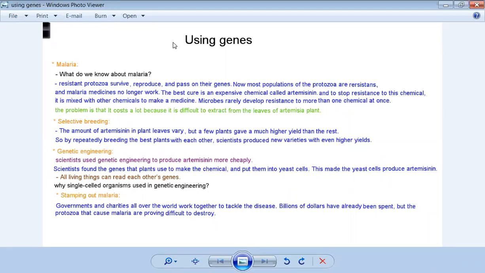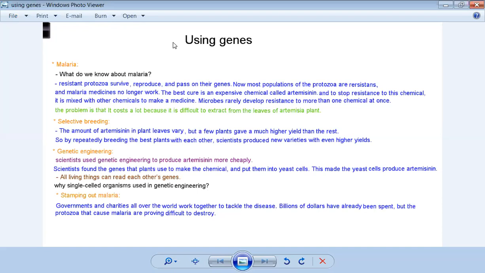So they will get the resistance gene. And now most populations of the protozoa are resistant against the medicine. So the problem is the malaria medicines no longer work because this protozoa is getting stronger.